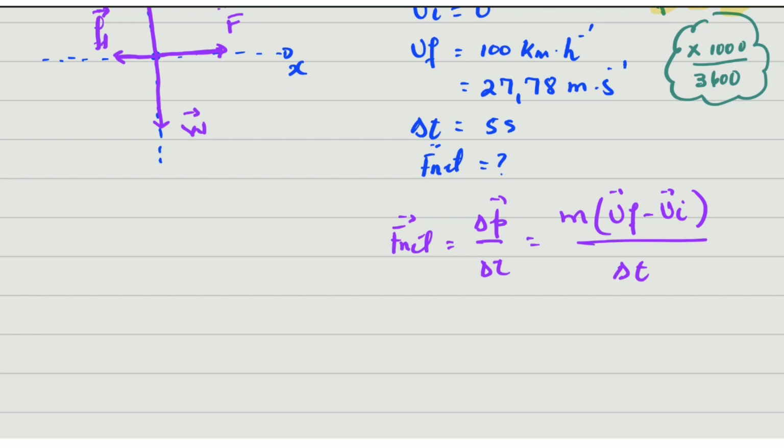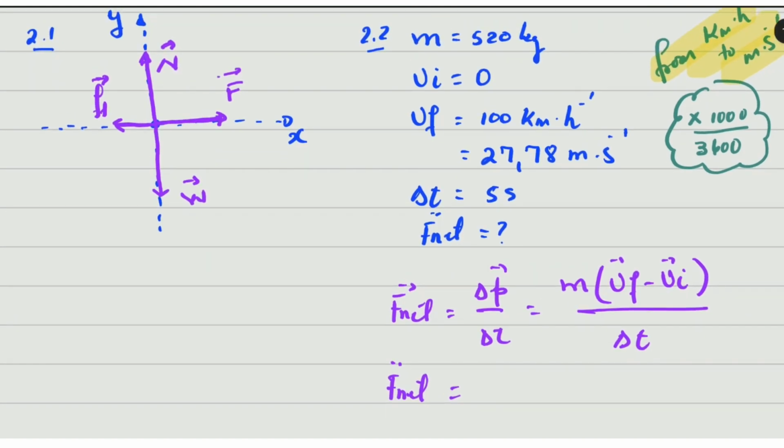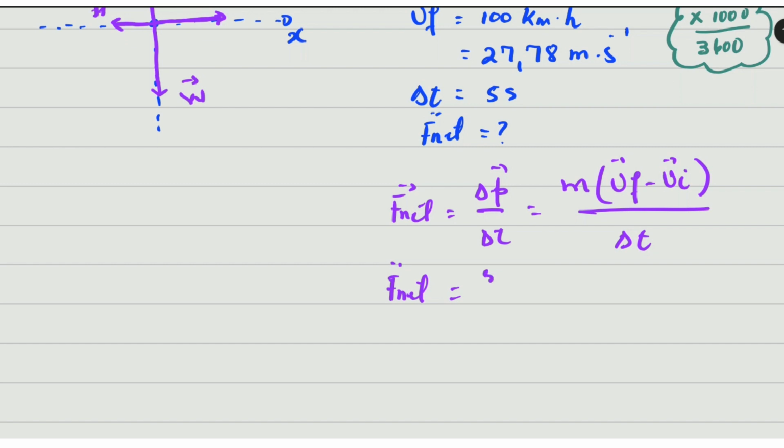Divided by time, and then you can substitute. Everything is given to you there, and this is equal to the mass, which is 520, multiplied by the final velocity, which is 27.78, minus initial, which is 0, divided by the time, which is 5.